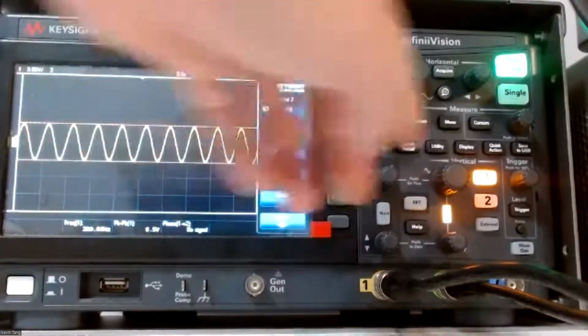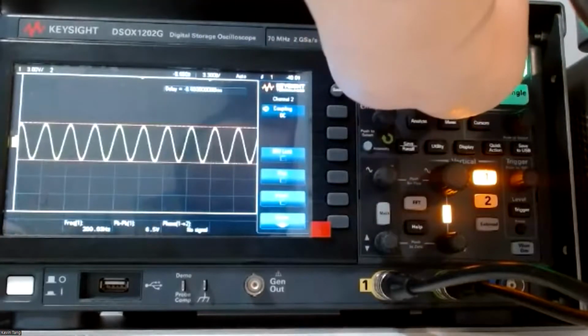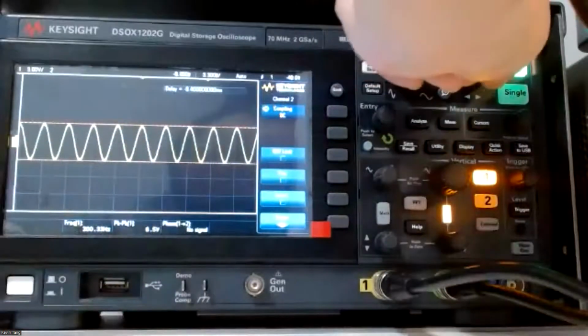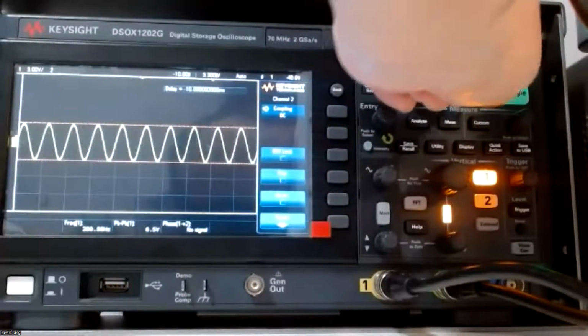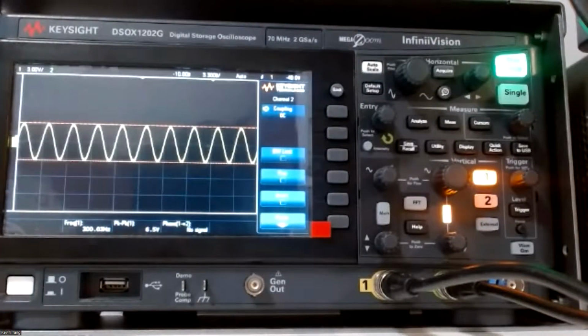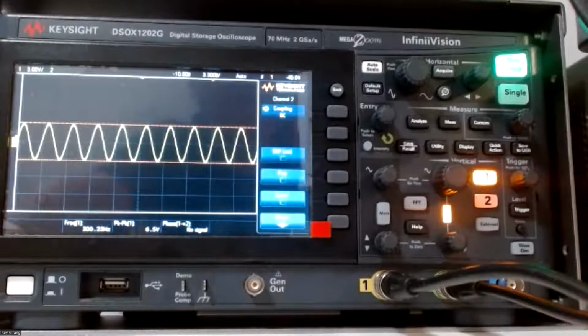Then the horizontal position knob, which sometimes we need to use to make sure the zero crossing is at the center. Depending on what kind of math calculation you need to perform, you use it then. It's not something very important or very useful at this point. So far, all of this you are good with.